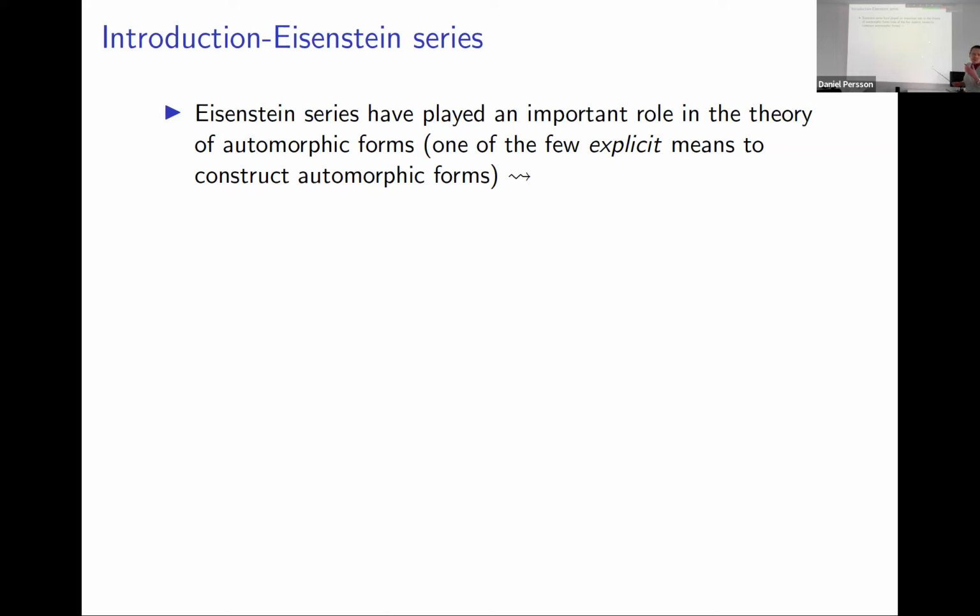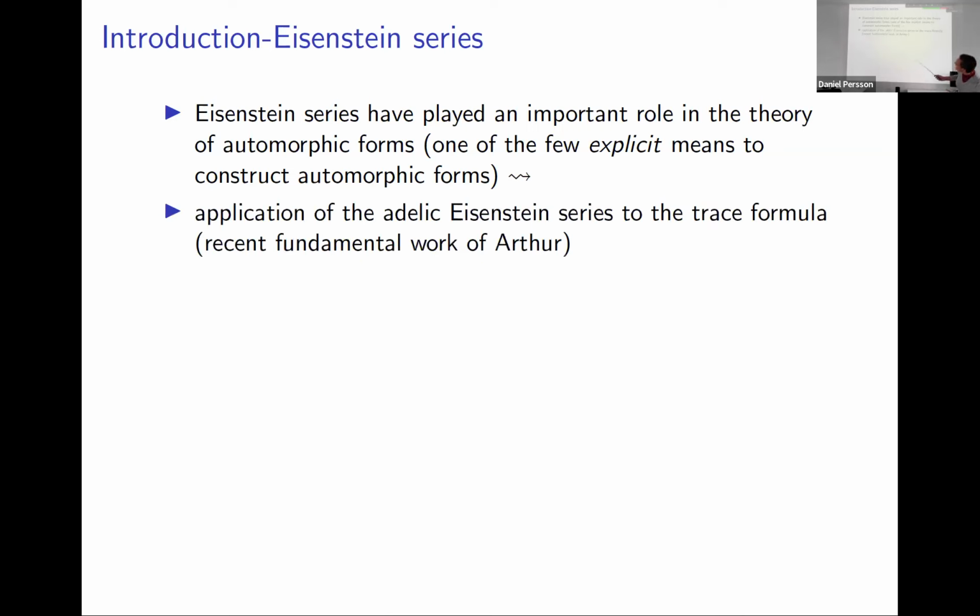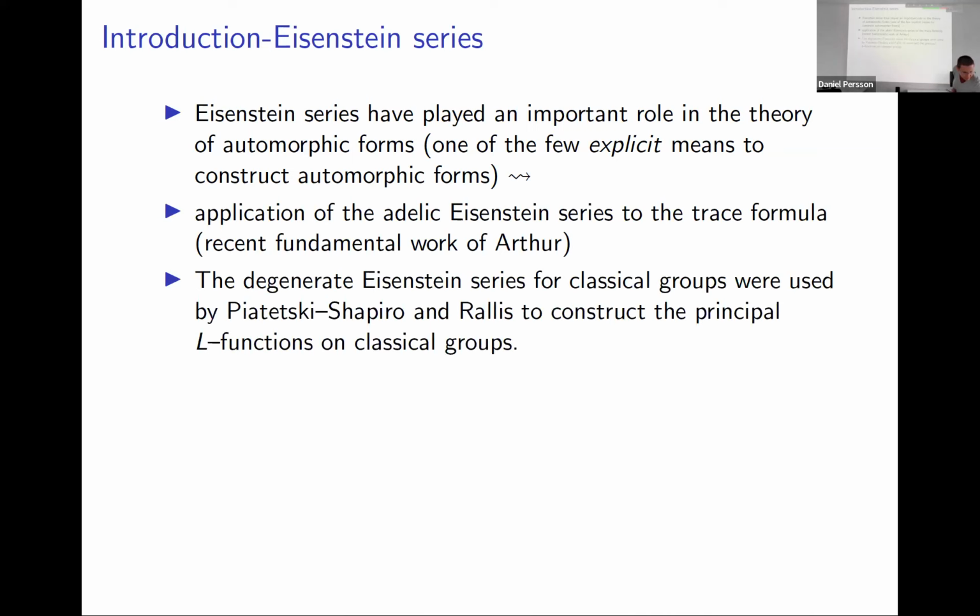But there you also have some conditions on multiplicity. So there are some subtle things in seeing if some global representation really occurs in the space of automorphic forms. And here, using Eisenstein series, you have the explicit appearance in the space of automorphic forms. Of course, they are also used in the work of Arthur that I mentioned.